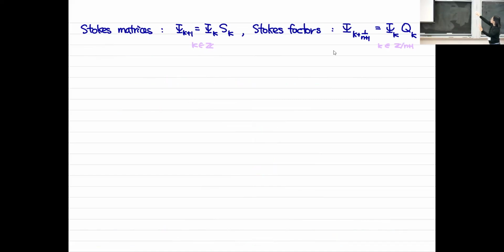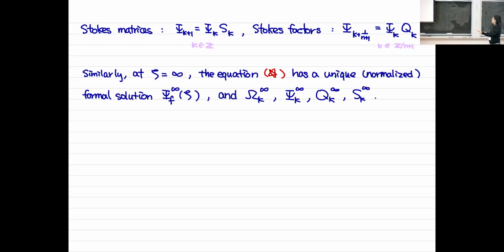Usually it's the Stokes matrices, but here these are Stokes factors, where you just look at the singular directions for each one. Those are Q_K, and S_K is the product of those Q_K in between. So that's the Stokes data at the pole 0.